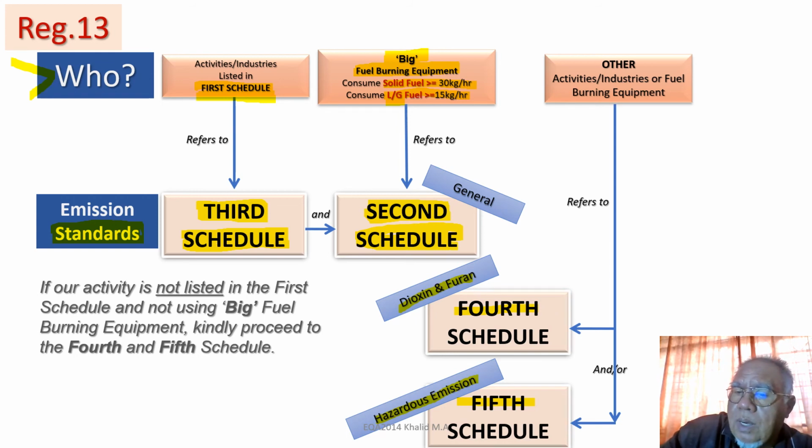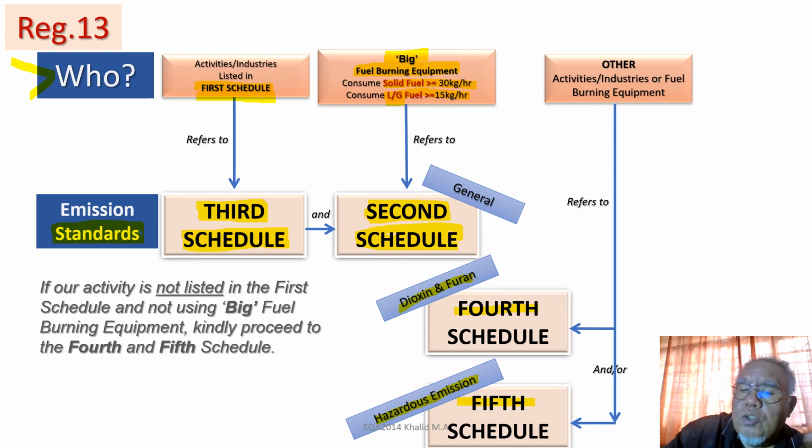The law has a simple phrase at the rear end of the legal statement: as the case may be. Do you find it? That simply means if a factory is the first schedule type of industry, but their boiler, genset, and oven are small, supposedly fourth schedule, that doesn't happen.